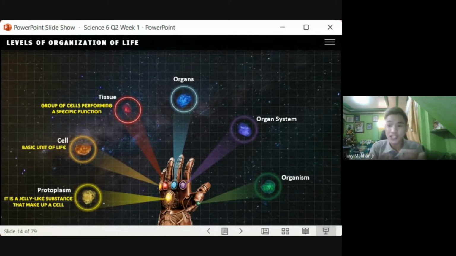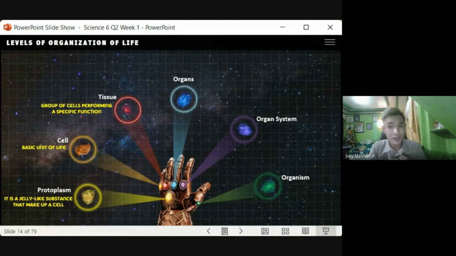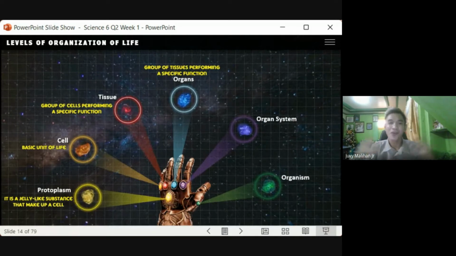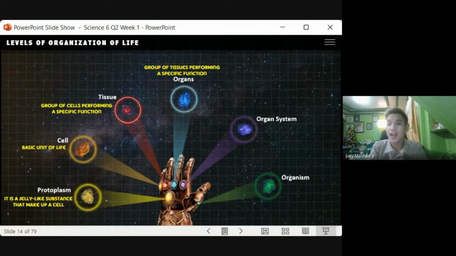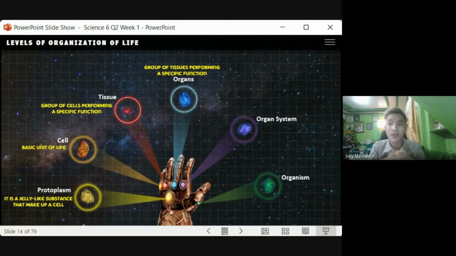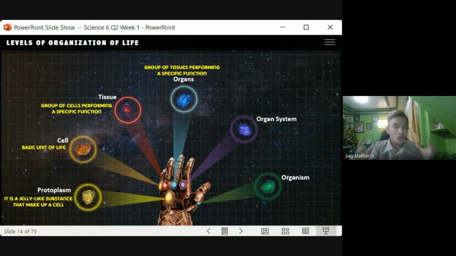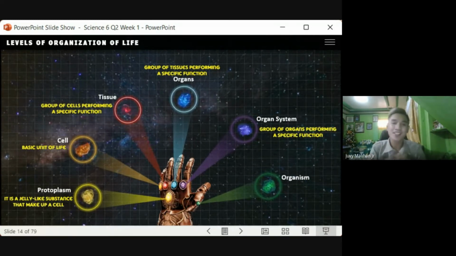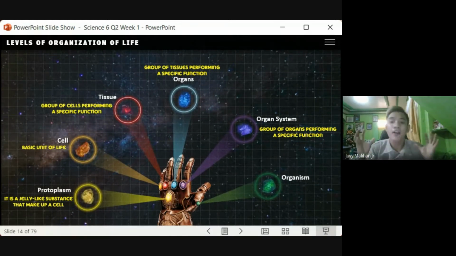Now, when these tissues perform a specific function and group together, they will form organs. So organs are groups of tissues performing a specific function. Now, when these organs are again grouped together and perform a specific function, they will form an organ system. So organ systems are groups of organs performing a specific function.